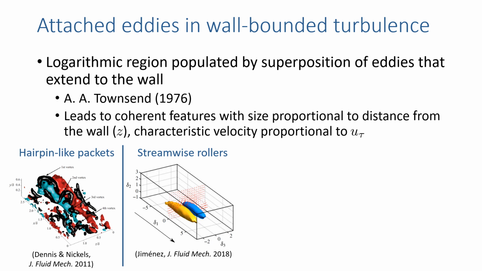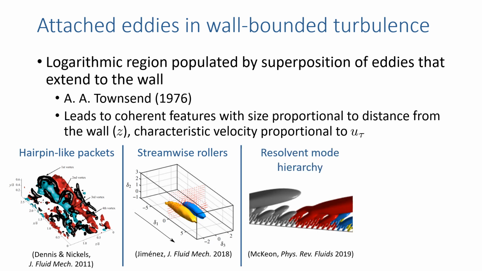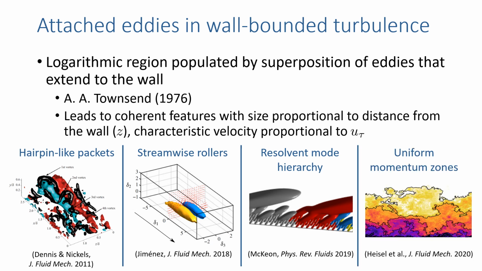You can also see this distance from the wall scaling in streamwise rollers or the weakly rotating structures that are associated with the momentum streaks. You can also identify it from resolvent analysis in the hierarchy of attached eddies, or you can see it in the more general classification of uniform momentum zones, which is the framework that I'll be using here today.